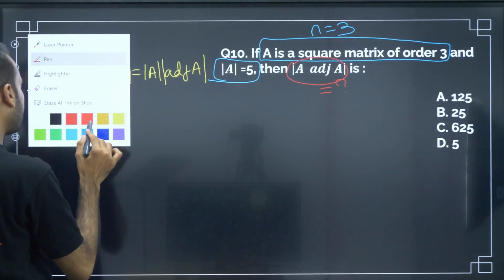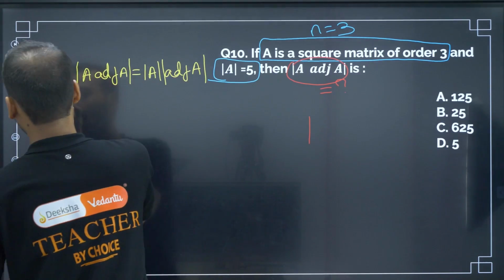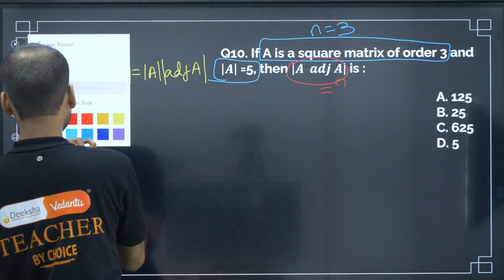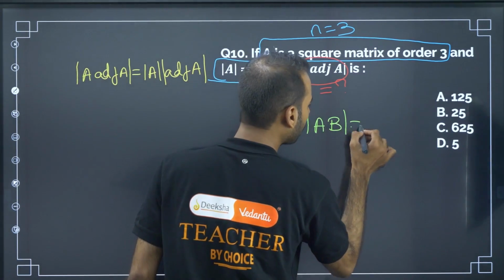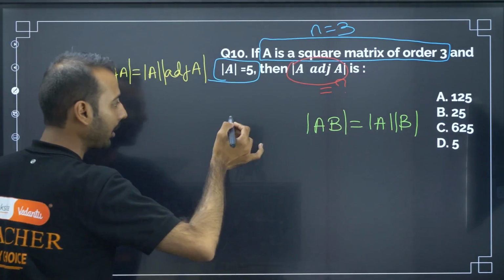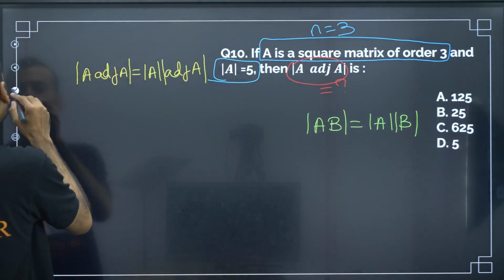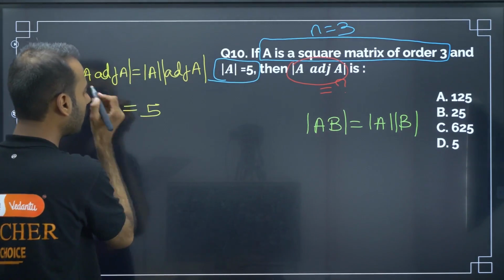Now what is this? Now again, properties of determinants, determinant of AB we can write as determinant of A, determinant of B. Properties of determinants we can write like this. So same property I am using here. Next, determinant of A, they have given this as 5.